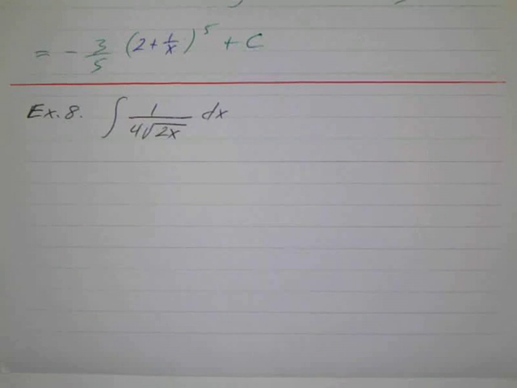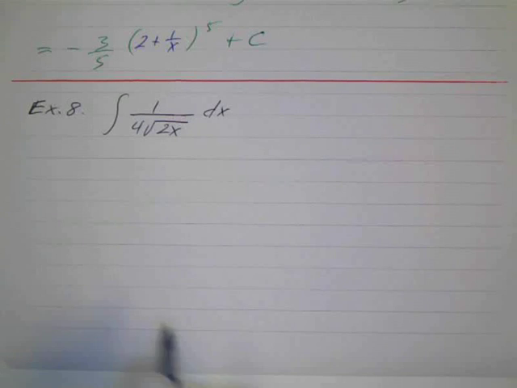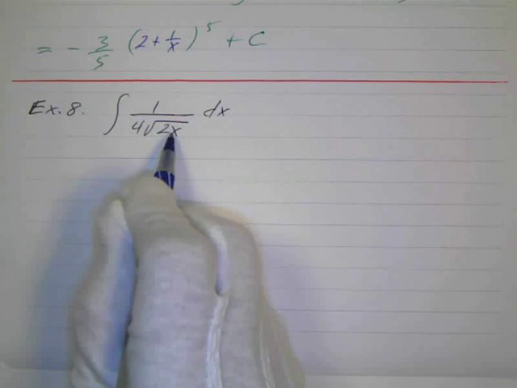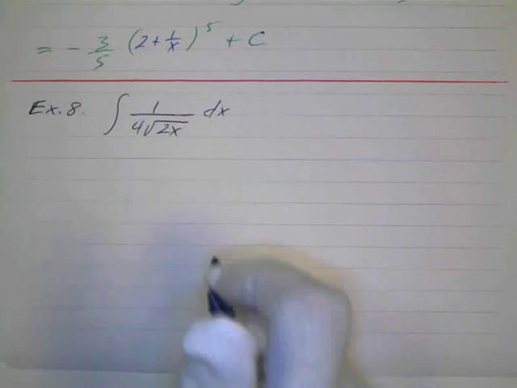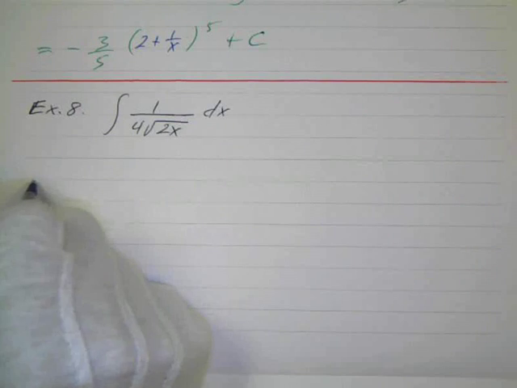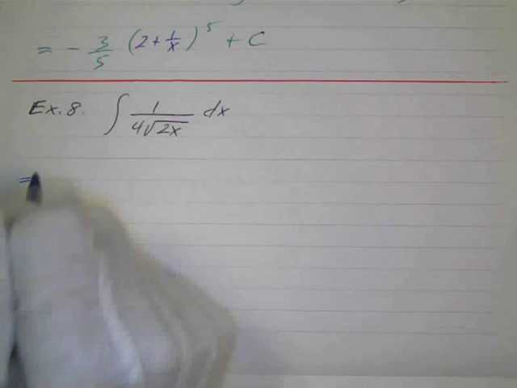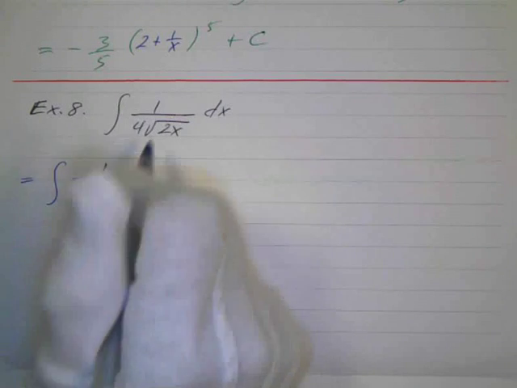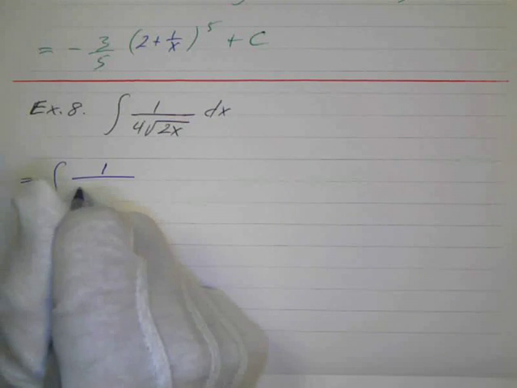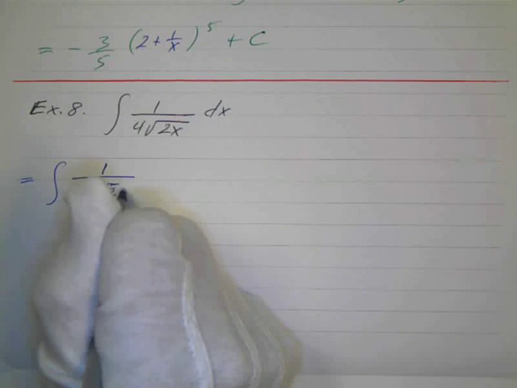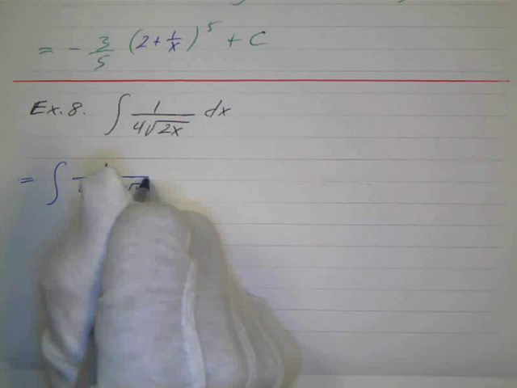So what I'm going to do is rewrite this a little bit first, and I'll try to get at this constant because there's a square root of 2 times the square root of x. So I'll rewrite this over here as equals the integral of 1 over 4 times the square root of 2 times the square root of x dx.